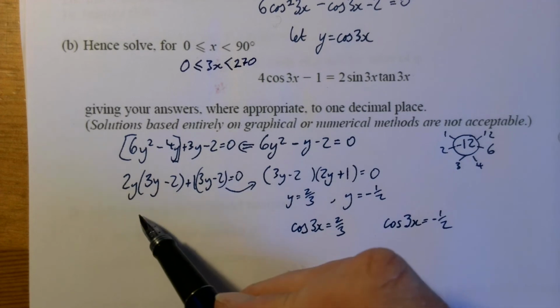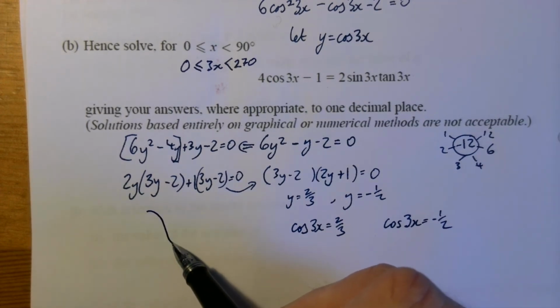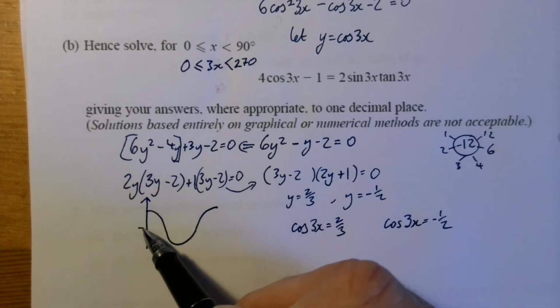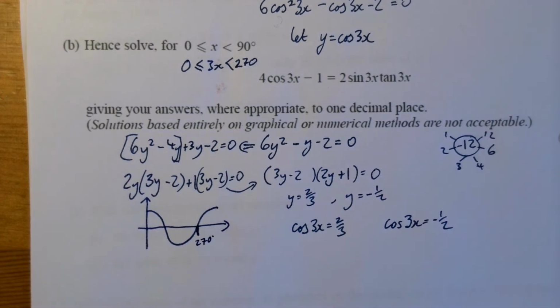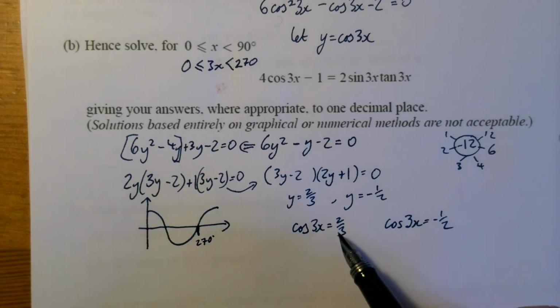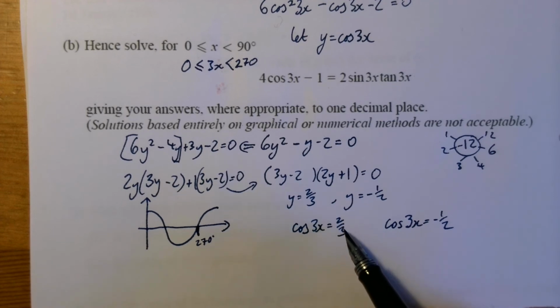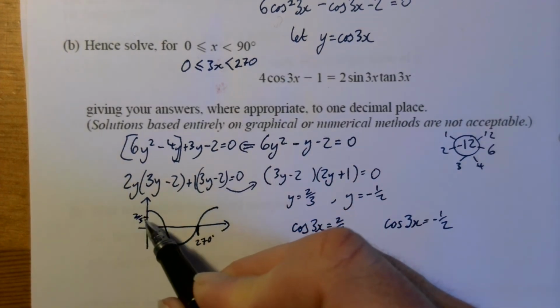So for 3x, I'm going to have my cosine wave looks like that. I'm only going to need it as far as there, though, aren't I, for 270 degrees. So when my 3x is 2/3, that'll be there, won't it?